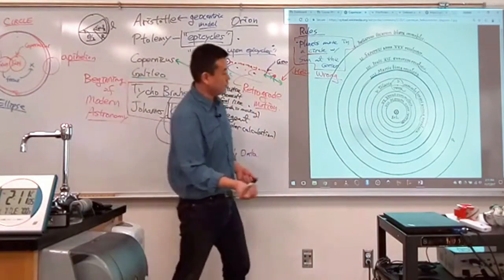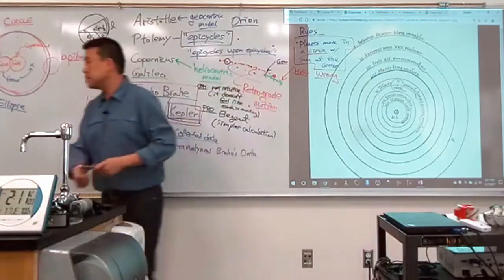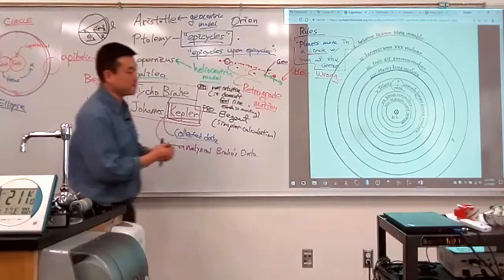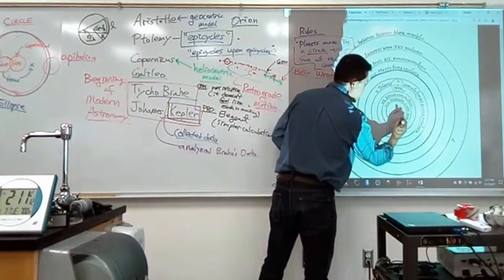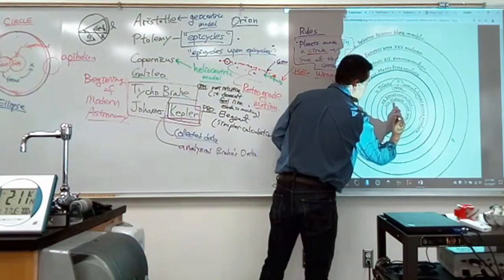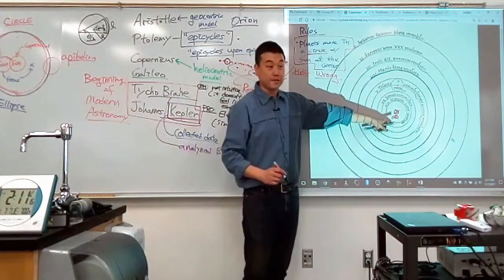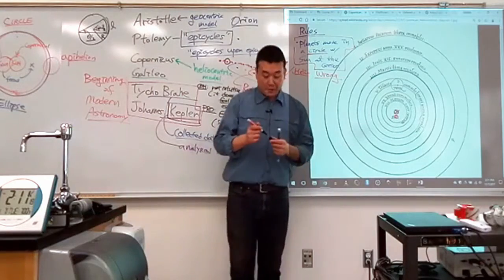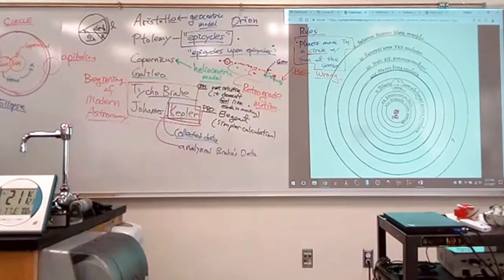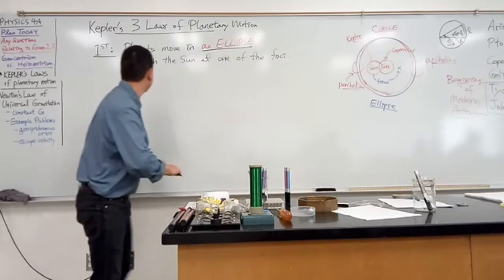So the adjustment I would have to make is, instead of placing the sun at the center, I'll just move the sun off to the side so that it's at one of the foci of these ellipses. Well, if that's what you're thinking, read these next two of Kepler's laws of planetary motion.